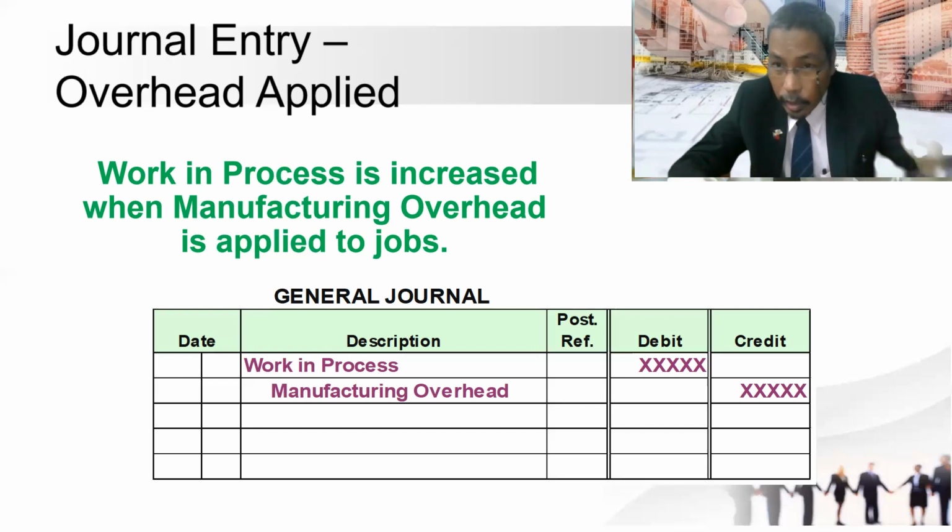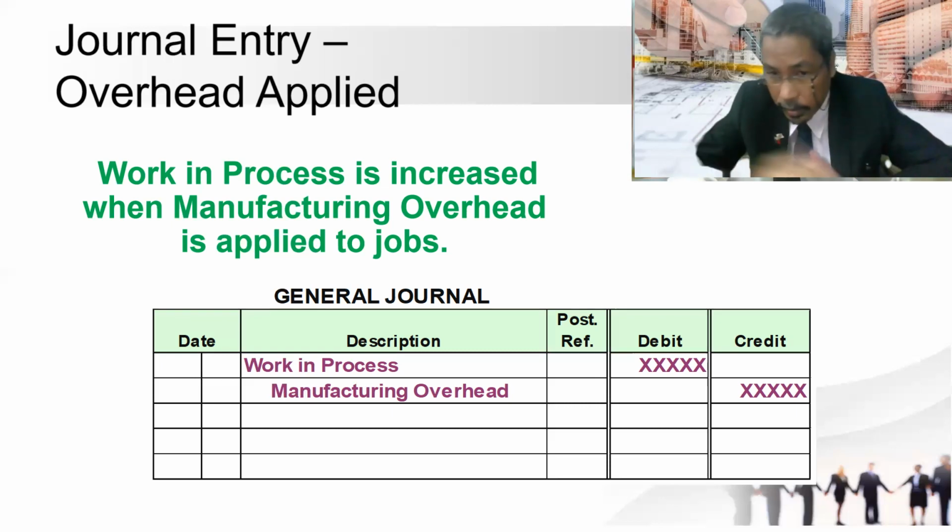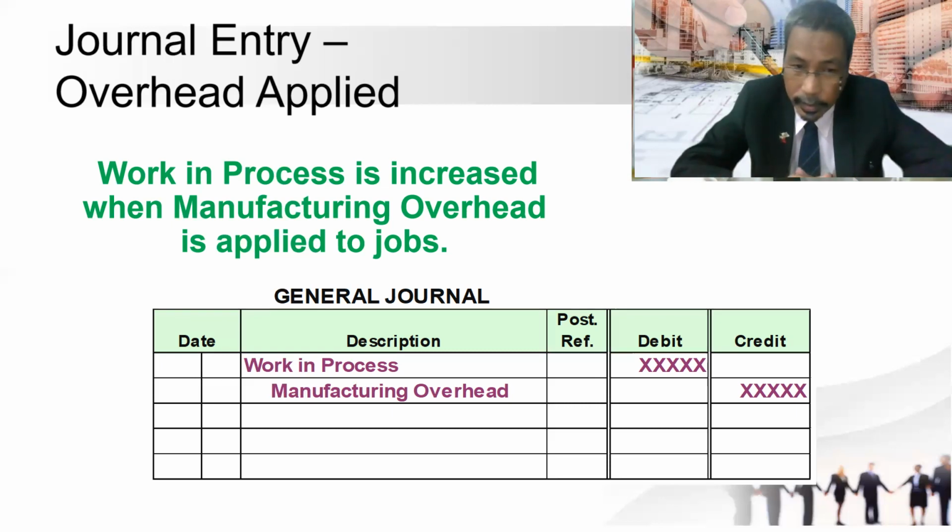How can we know that work in process is debited? How can we know that manufacturing overhead is credited? There are explanations specific to that in our financial accounting. So if we apply manufacturing overhead to work in process, therefore work in process is increasing. This is debit. Manufacturing overhead, credit.